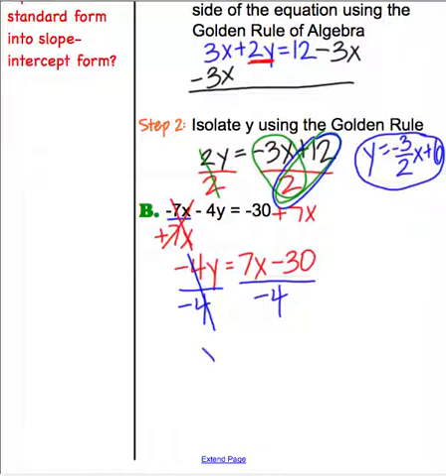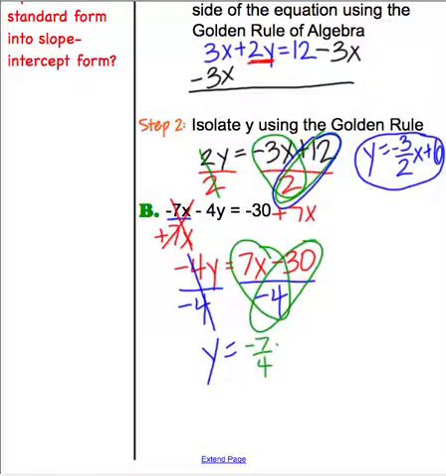which cancels here, giving me y. And then I can butterfly out here. Negative 7x divided by negative 4 is negative 7/4 x. We can just leave it as negative 7/4 because that's a lot easier to understand when it comes to slope. And negative 30 divided by negative 4 is going to be positive. And 4 does not go into 30.